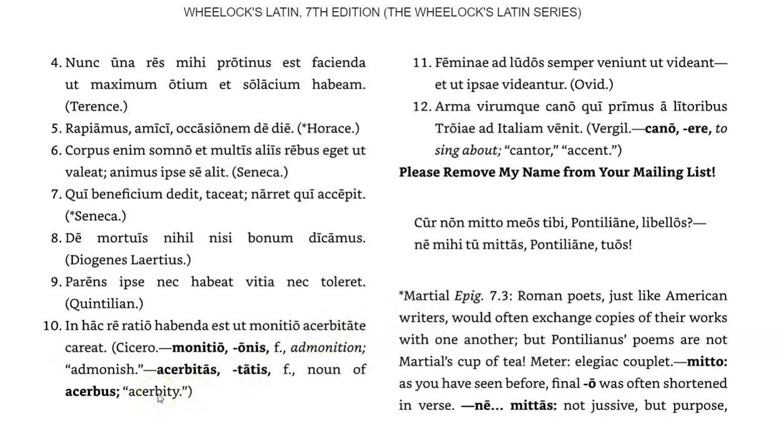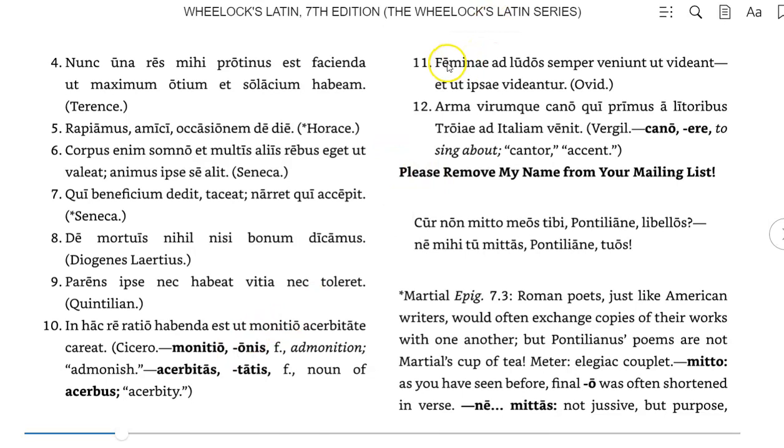Acerbity means power or force of moral persuasion. These are words in English that you can look up if you're not quite sure. So we put it all together: in this matter, reason is to be had, so that the admonition is not without acerbity. A little bit abstract. That's just because for us moderns, moral reason is less intuitive than it was for Romans and Christians. Number 11.